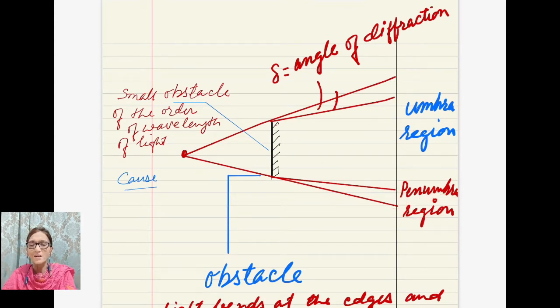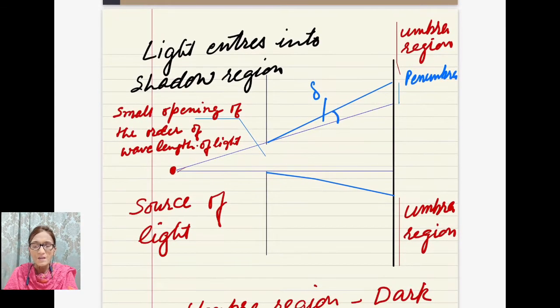Now what is the cause? All this can be explained by the Huygens principle. According to Huygens principle, a wavefront is the position of new secondary sources of light.